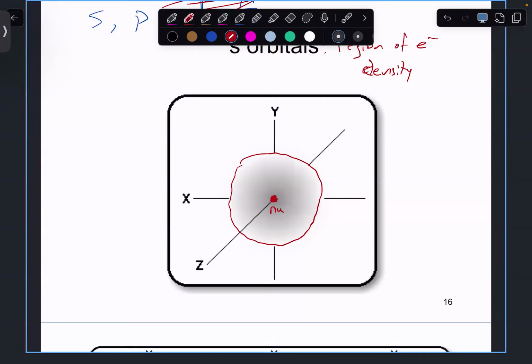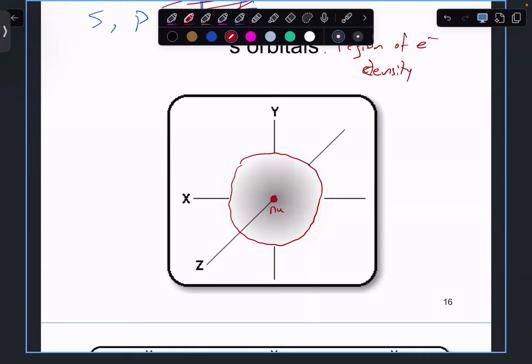But the thing about the s orbital is that it is spherically symmetrical. So there's only one type of s orbital, right? Because it is a sphere, a ball, if you will, I can't really take it and rotate it 90 degrees and get something else. If you take a sphere and rotate it 90 degrees, it's still the same sphere. Again, it's spherically symmetrical.